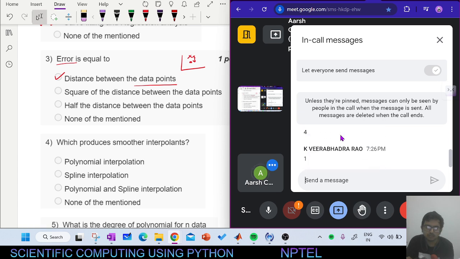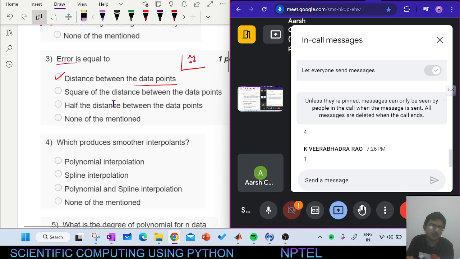Yeah, so 2, 4, and 1. Yeah, it can be MS, which means more than one option can be correct. So the second one also means the same if you are finding out the distance. You mean the square of the distance?